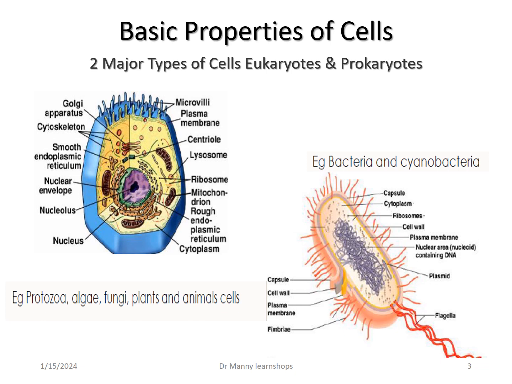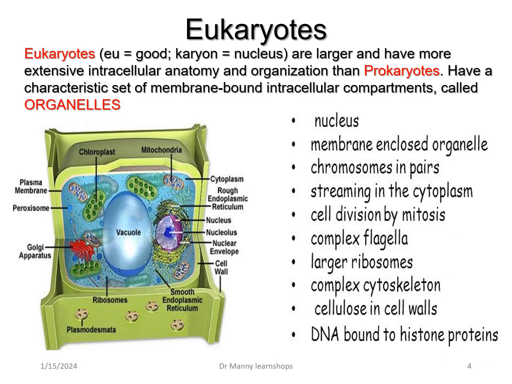Now, when it comes to cells, there are two major types of cells: the eukaryotes and the prokaryotes. Eukaryotes are typically larger and have a more extensive intracellular anatomy and physiology in comparison to prokaryotes.